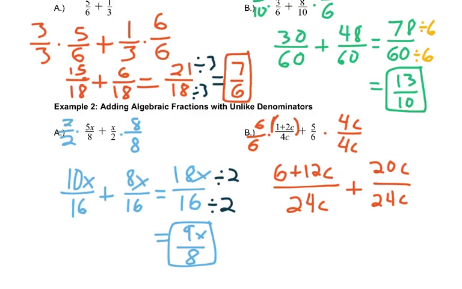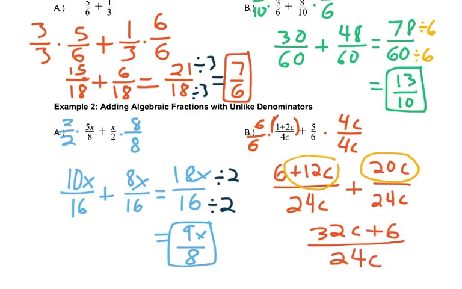Then I can add by combining like terms. So I've got a c term and a c term. So combine those, I get 32c, and then I have the 6, the order doesn't matter, over 24c. And it'd be easy to stop there, but I noticed that all of these numbers are even.